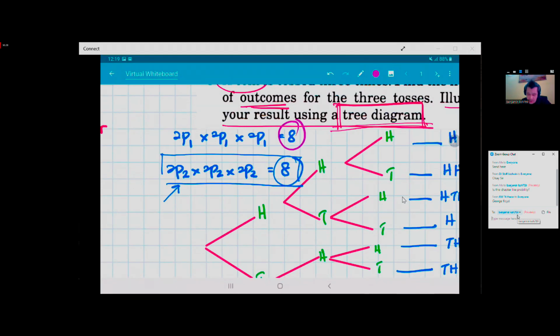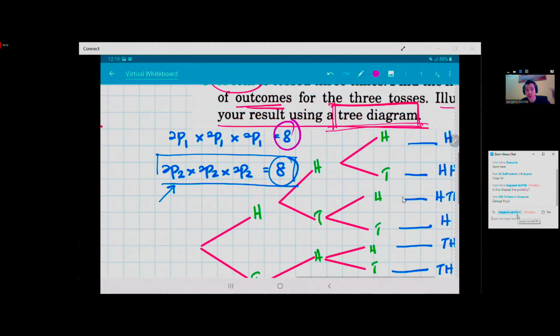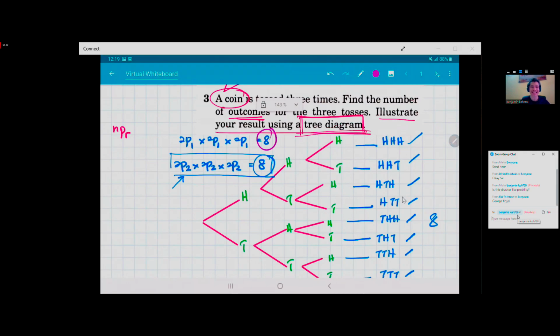Okay, please represent your working properly. Yeah. So this chapter is only tested in paper 1. Kertas 1 sahaja. So as a result, please show your working in detail. Okay, because you know why? Please don't just write 8. You got to show your working. So what is the working? The working is basically 2P1 times 2P1 times 2P1. Okay. Yes, you can write 2P1 and then power 3 if you want.